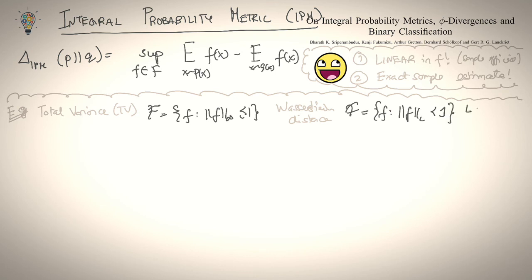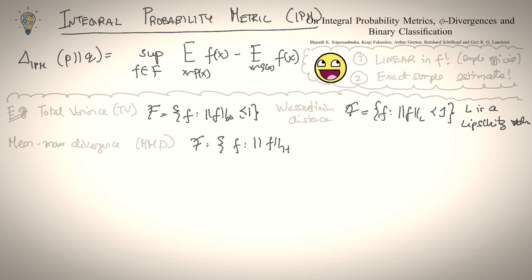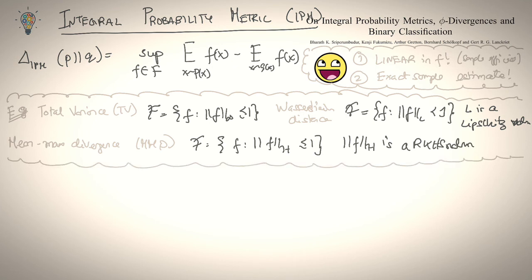Another class of IPMs is Wasserstein distance. So, for example, Wasserstein GANs use this as an example of an IPM metric where the Lipschitz norm of a function is bounded by 1. Finally, MMD, maximum mean discrepancy, is a third example where the RKHS norm of a function is bounded, right? So the only parameter in IPM is your choice of functions.